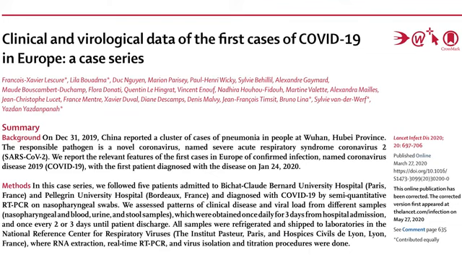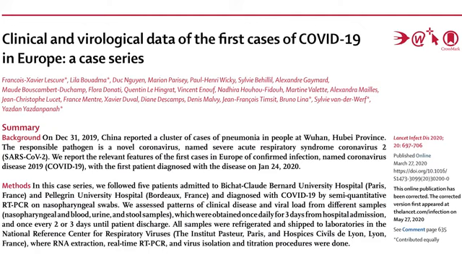This is a very good example of case series, and this case series presents the clinical and virological data of the first few cases of COVID-19 in Europe. For this case series, they gathered information from 5 patients admitted to 2 hospitals in France, one in Paris and the other one in Bordeaux.